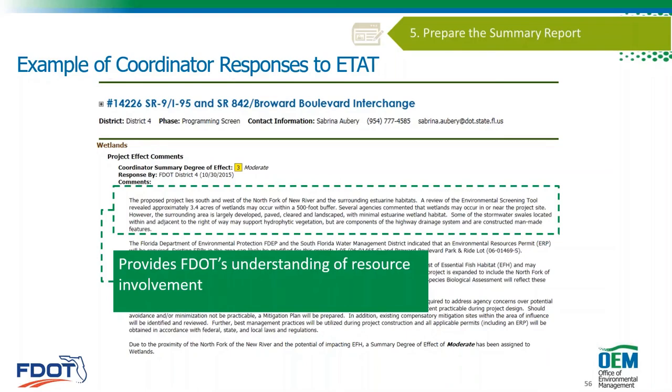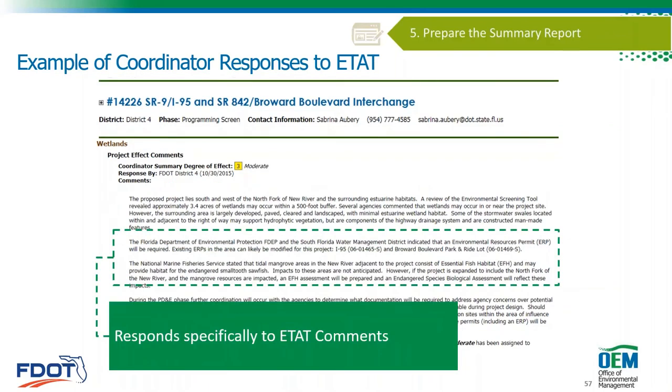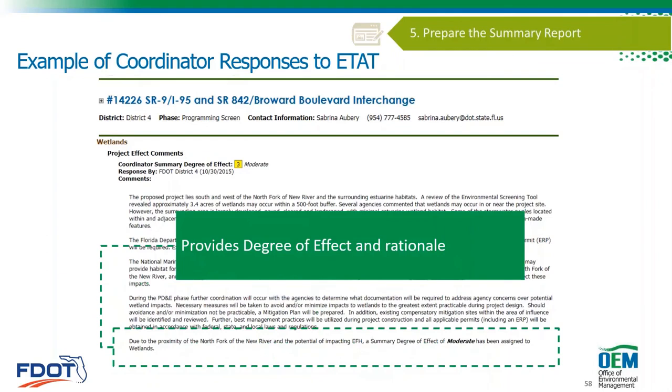And then we provide our understanding of the resource involvement. And we respond specifically to ETAT comments. Here are some examples from DEP and South Florida Water Management District and what they indicated and how we will respond to those. And then we provide our summary degree of effect and the rationale of why we chose that.